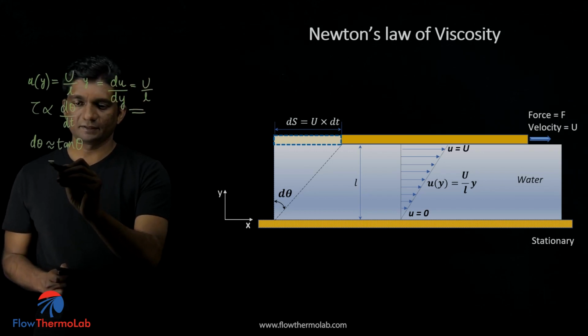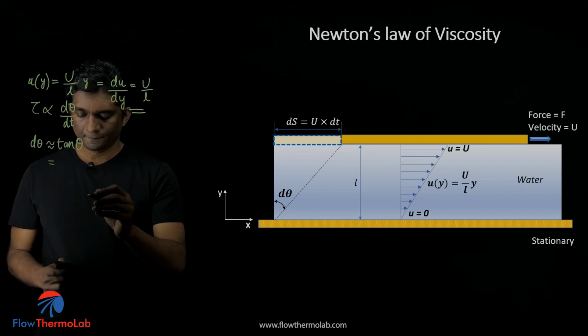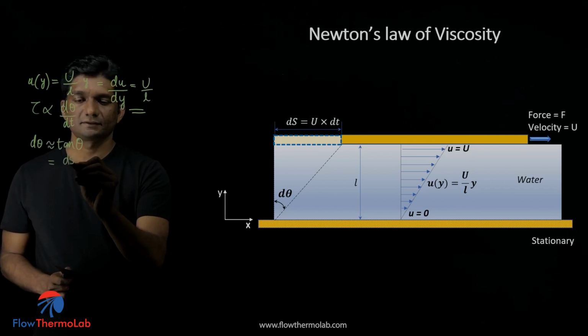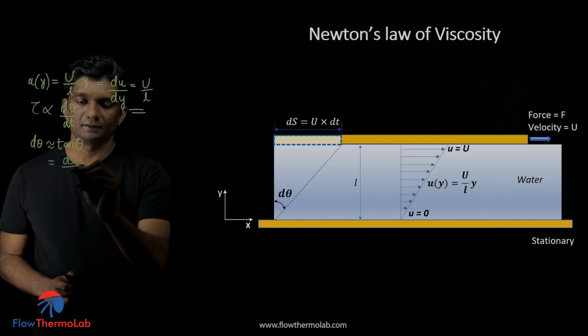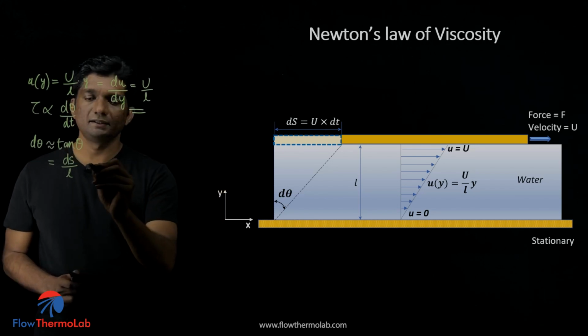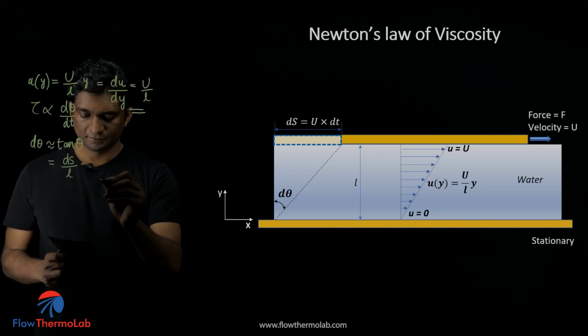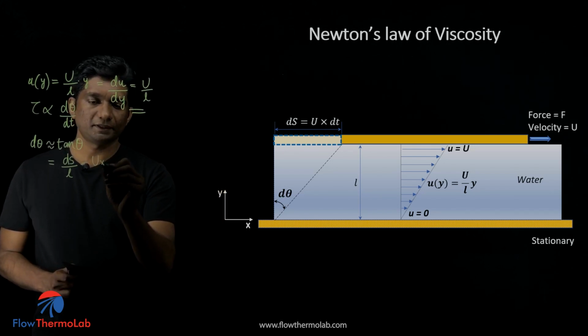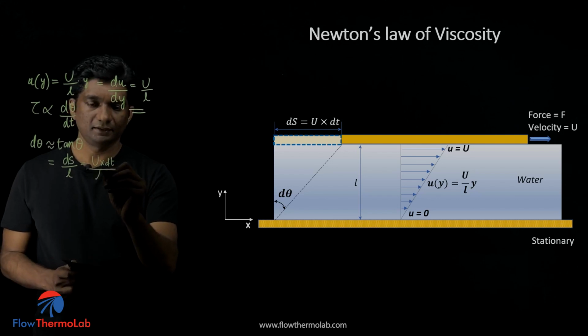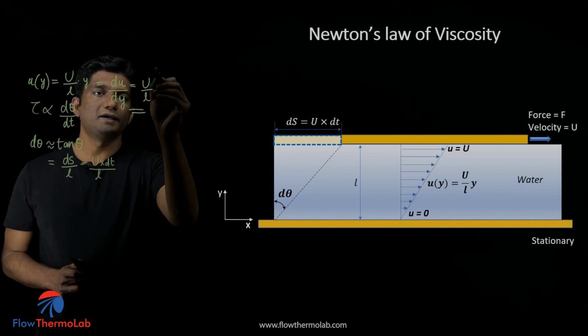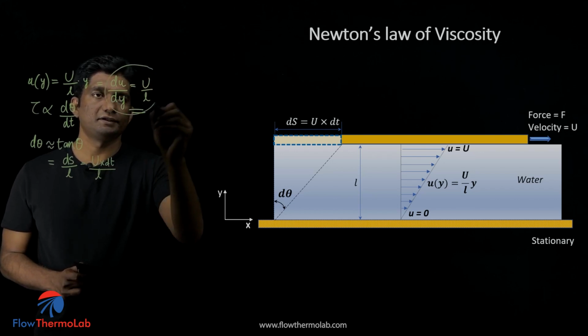And what is tan theta here? This is ds by L, right? So ds by L is nothing but u multiplied by dt divided by L, and U by L, we have a relation here.